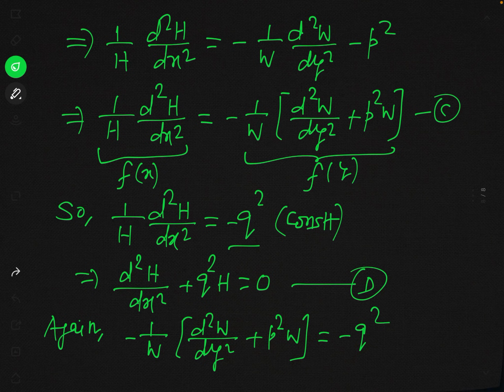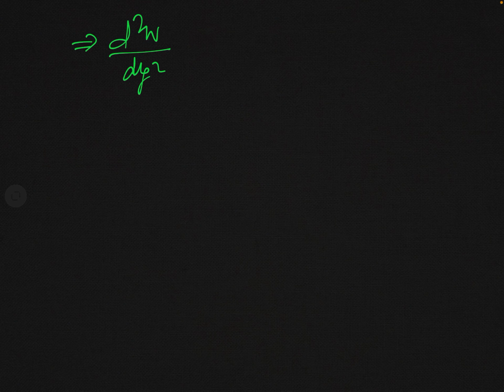Now let us simplify this equation to some extent, so you can see that d2w by dy square plus p square w is equal to minus q square w.